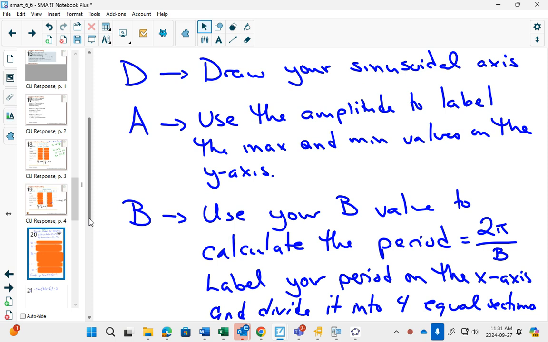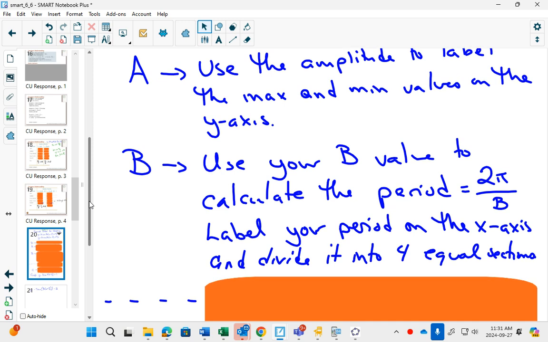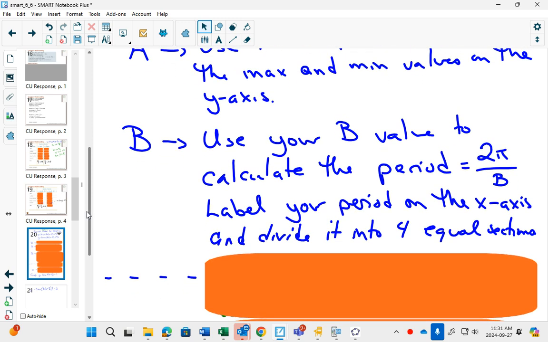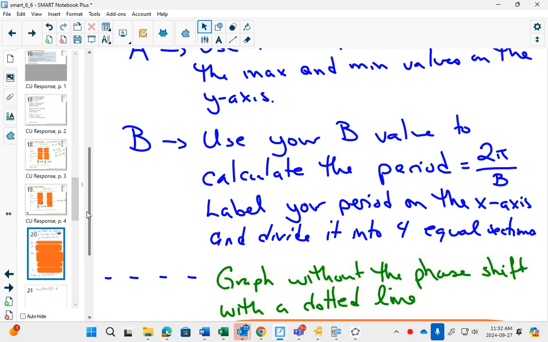Now, before you use the C value, I said the dash was important. What you're going to do is use a dotted line and graph what your graph looks like before you do the phase shift.